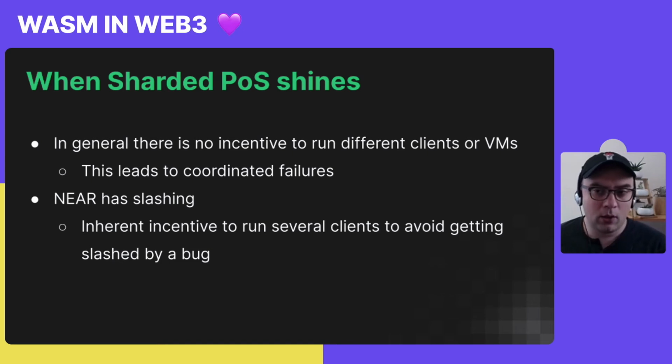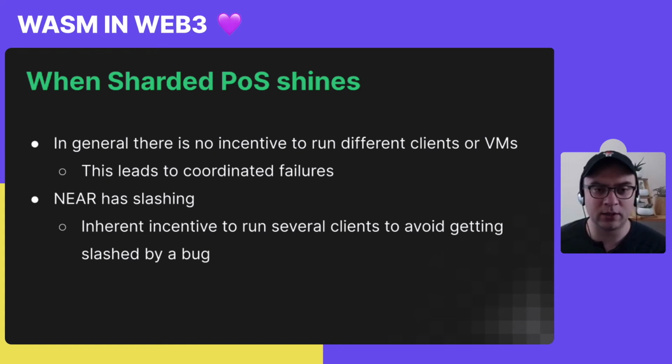What has happened on some sharded blockchains, and what we want to avoid, is slashing happening because of some bug, which hasn't happened on Near. We also haven't enabled sharding yet. But if validators really want to avoid being slashed because there is a bug in the code, or because they have messed up the DevOps setup, then they might have an incentive to run multiple clients with different implementations side by side.